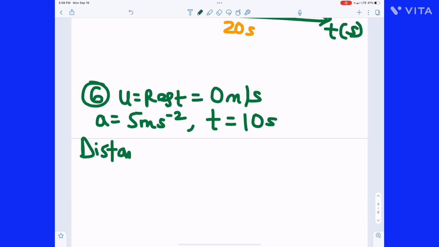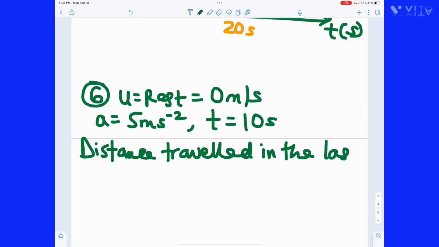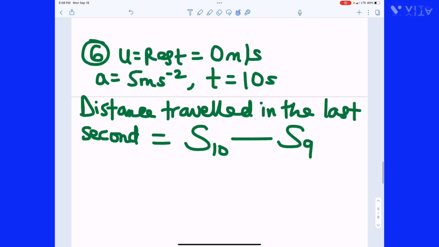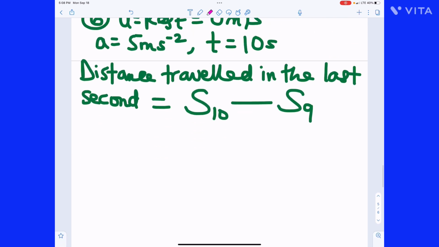Now, distance traveled in the last second is equal to distance traveled for the whole 10 seconds minus distance traveled for the first 9 seconds. You'll be using this a lot, so try and get it.